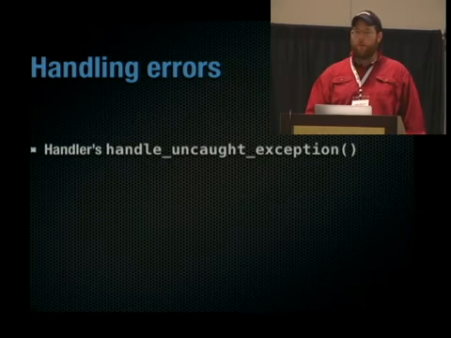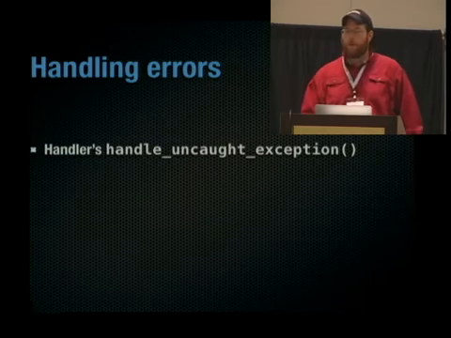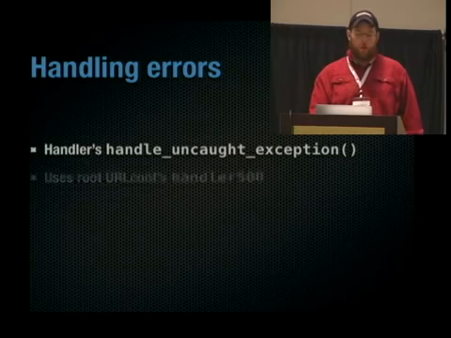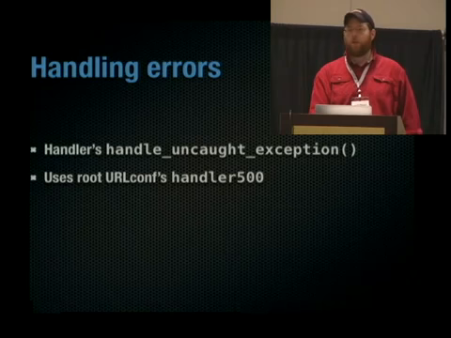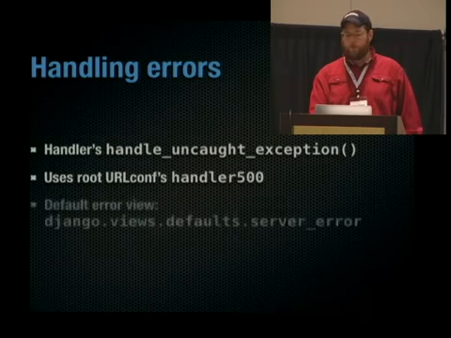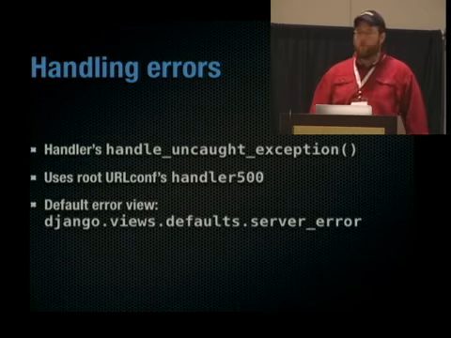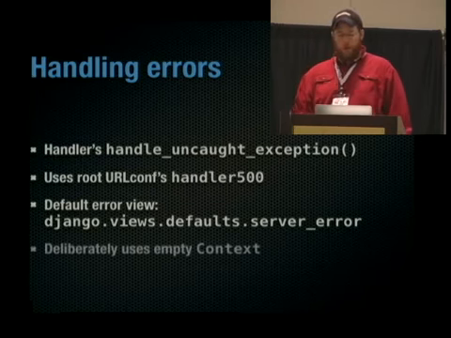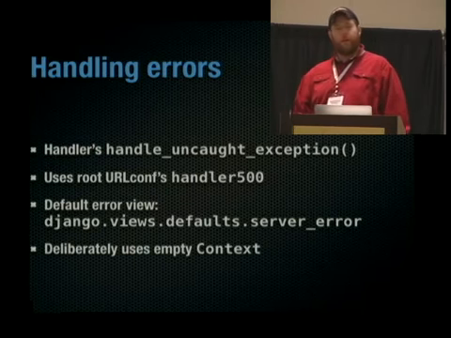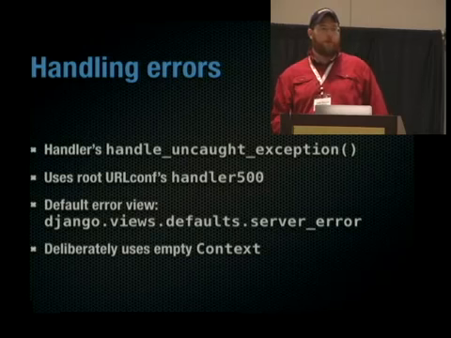Ultimately, where we end up is in the HTTP handler's method handle_uncaught_exception. What that will do is look up the attribute handler500 on your root URL configuration. By default, this is the view django.views.defaults.server_error. This deliberately uses an empty context and the template 500.html.